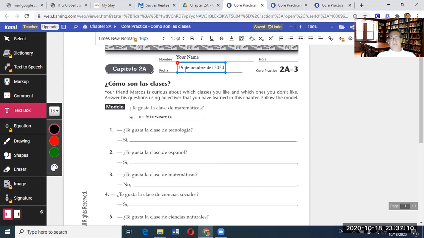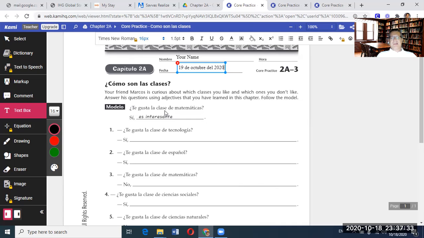October 19, 2020. Your friend Marcos is curious about which classes you like and which ones you don't like. Answer the questions using adjectives that you have learned in this chapter. Follow the model.